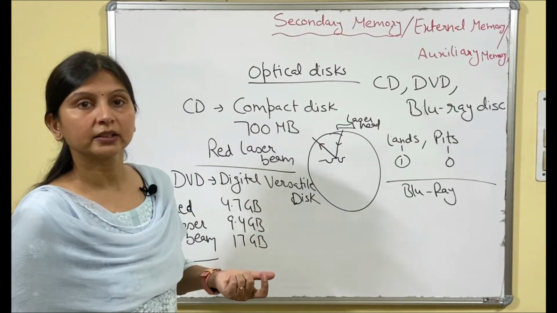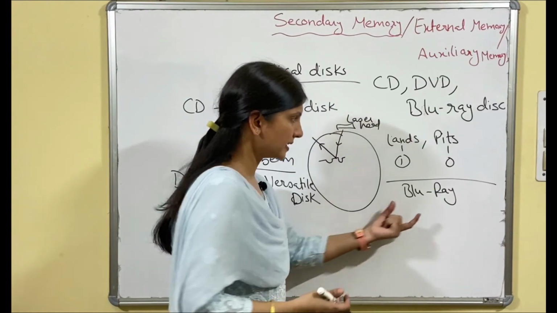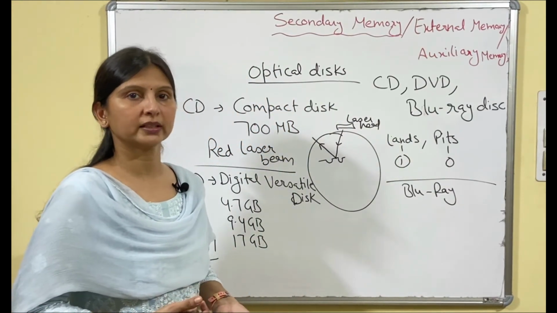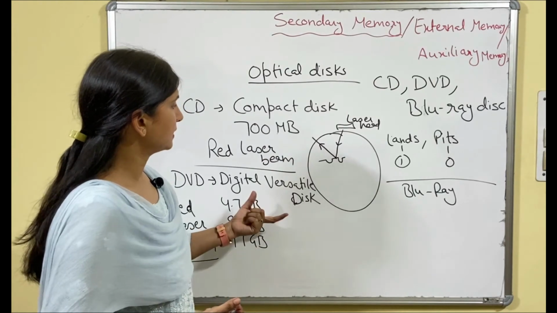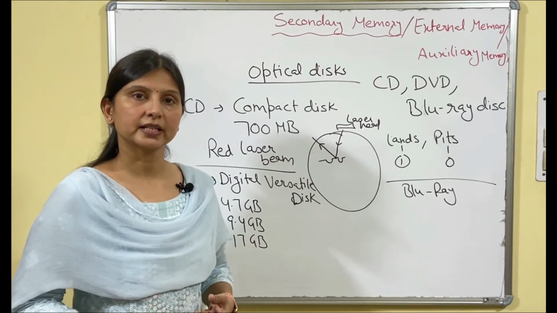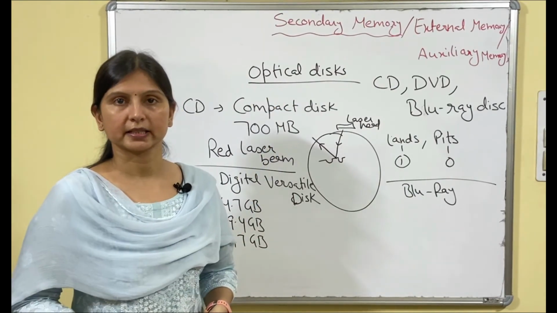You need a Blu-ray drive for it. So it needs a separate drive to run the Blu-ray. I hope it is clear about secondary memory, difference between primary and secondary, and about optical disc.